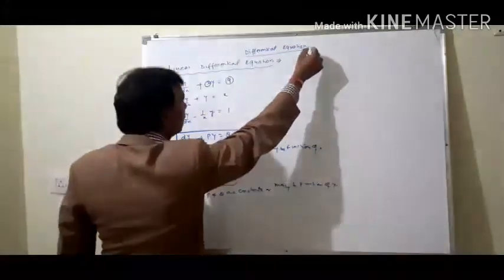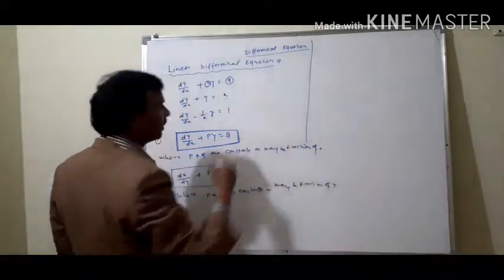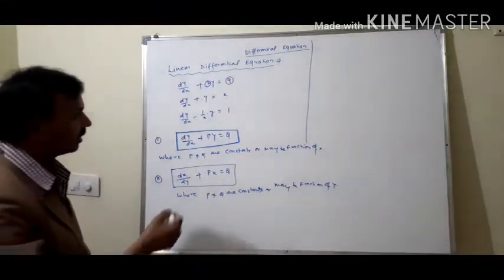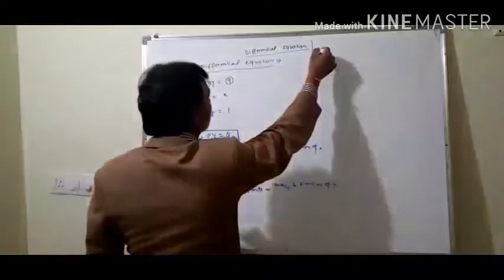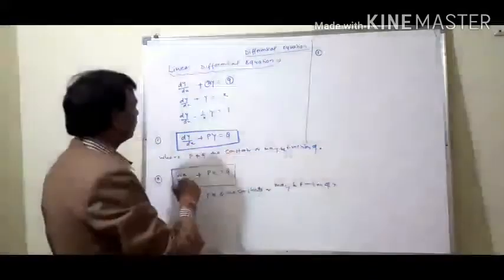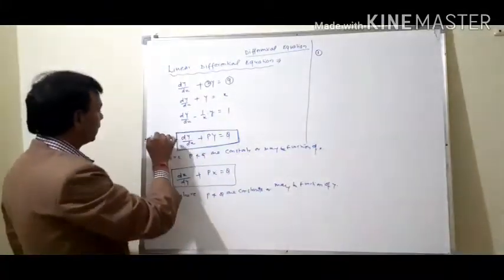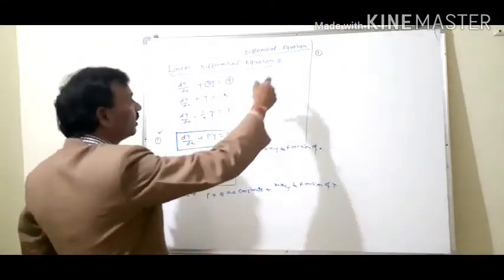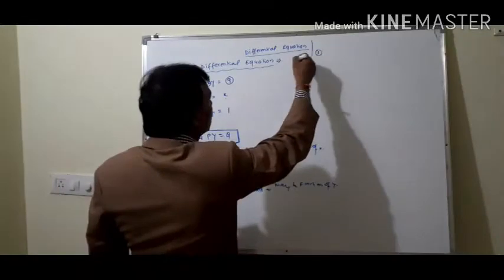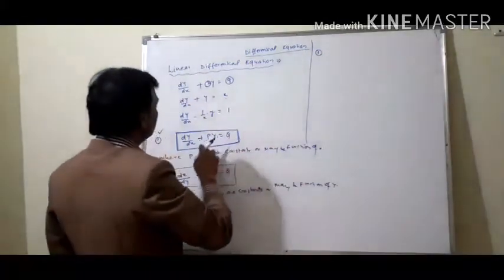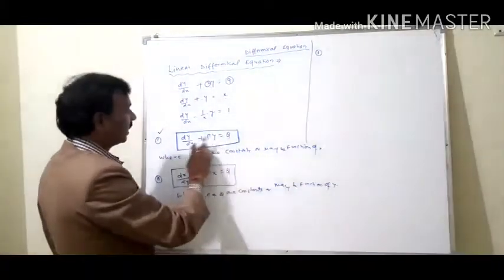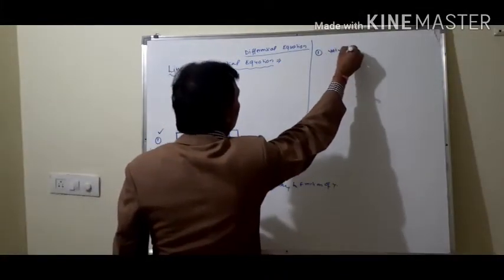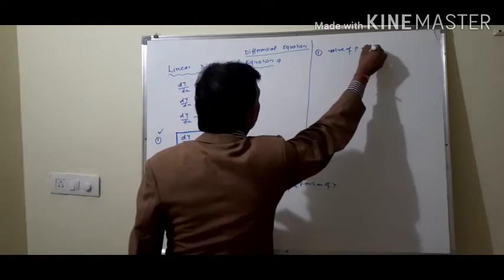Now, how do we find the general solution of a linear differential equation? For finding the general solution we should follow some steps. We explain them for the first type. In the first step, compare the given differential equation with the standard form and find the values of p and q.